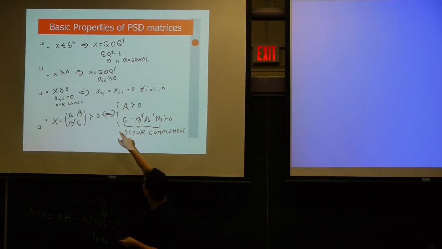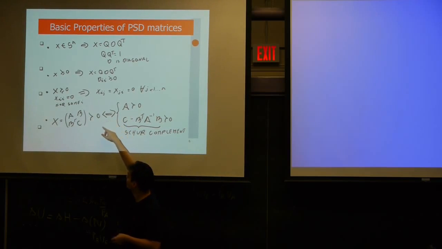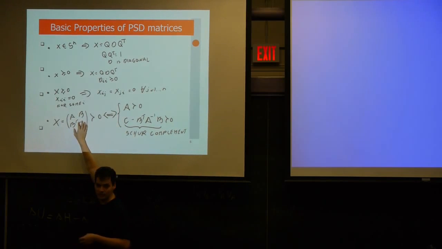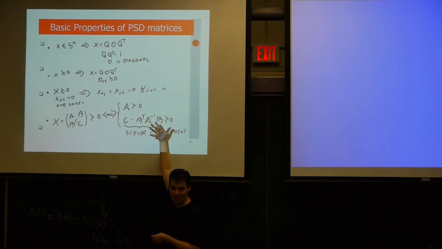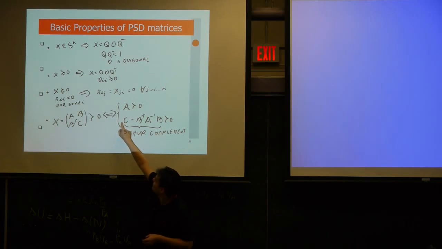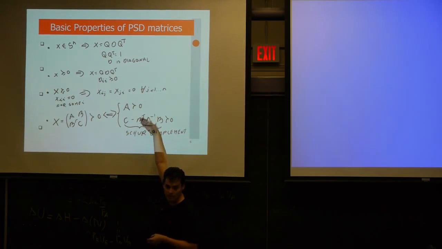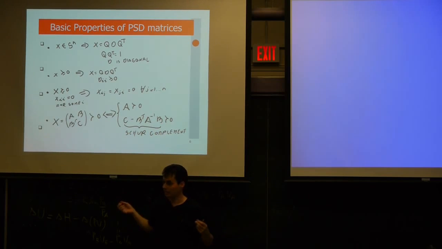And you know that A is positive, so if you divide the determinant by A, then you would get something like this. So the determinant is A times C minus A times B transpose B. You divide this by A. This is just a hand-waving thing, but this is how you can remember the Schur complement.